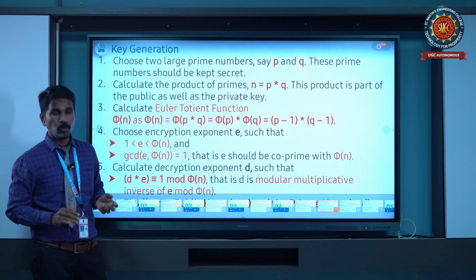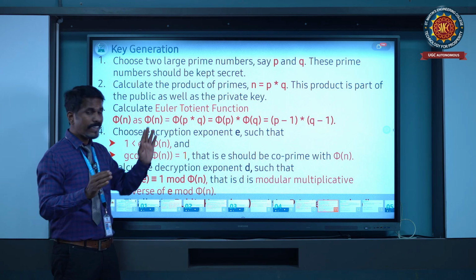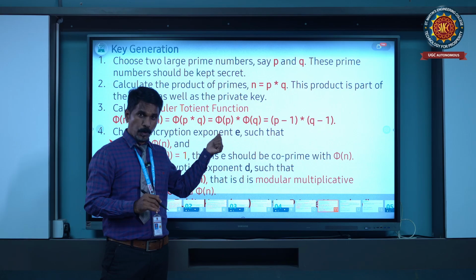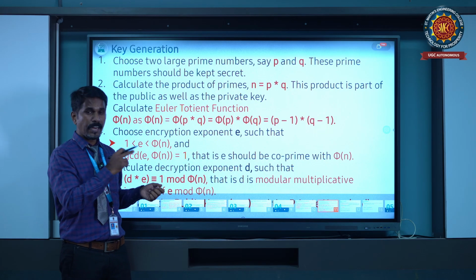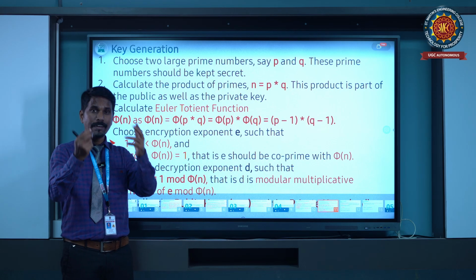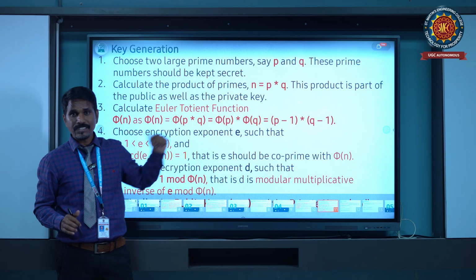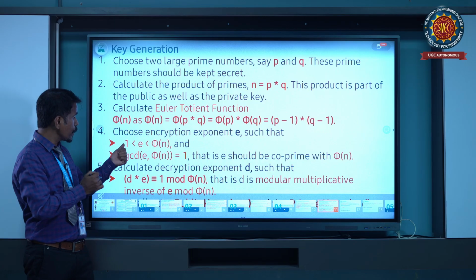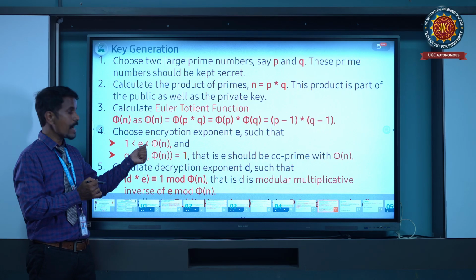Next we have to find the E value. Choose the encryption exponent, E, actually the exponent. Later I will explain how to calculate the E value. Next, a very important condition: 1 less than E less than phi of n.